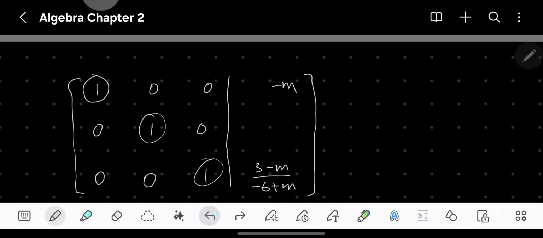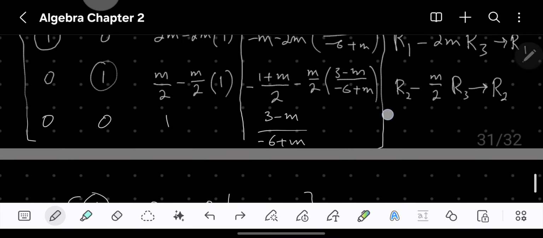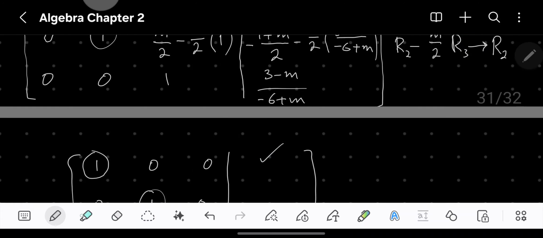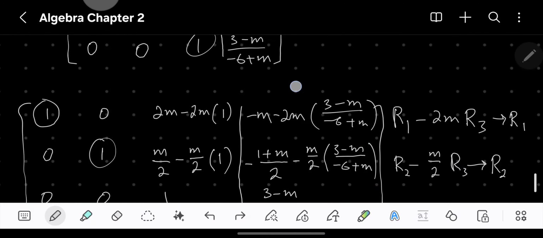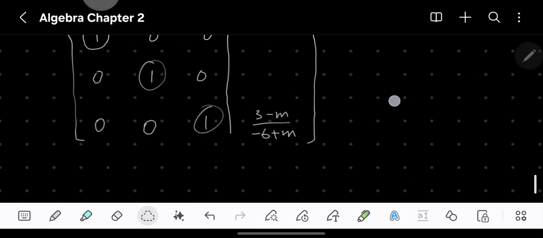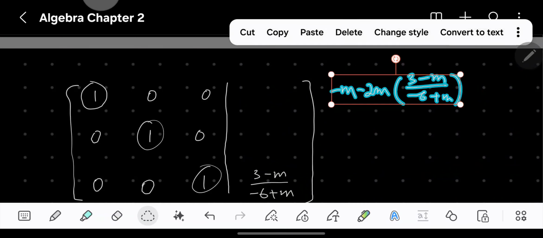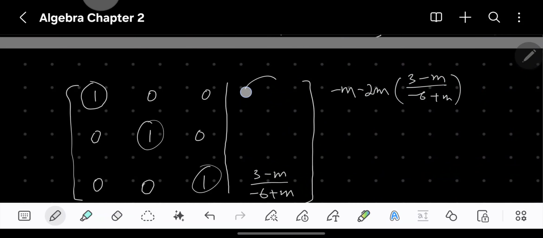Now what to do here and what to do here? These are some calculations which I can make. At this position, I have to do these calculations. Okay. So let's do these calculations here for you. And then after solving, I will write here.